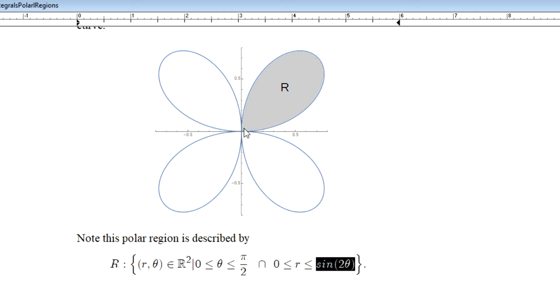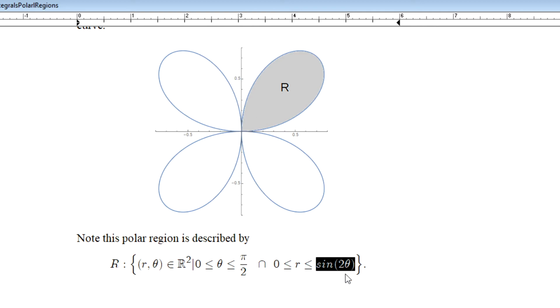If I was to place a radial arm somewhere inside of region R, that distance that we would be at along that arm would be anywhere starting at the origin and going up to where the end of the rose petal would occur. Right? From 0 up to whatever would be the sine of 2 theta for that particular angle measurement of theta. Right? And this occurs for all values of theta from 0 to pi over 2.